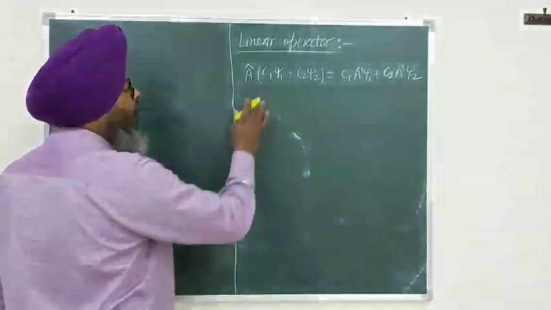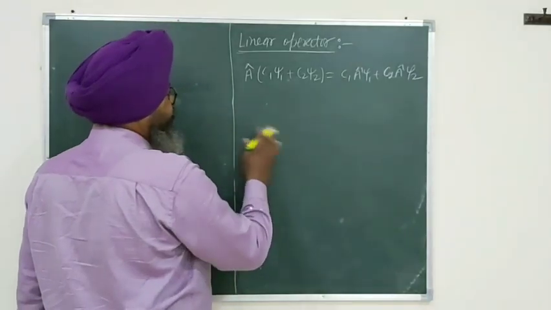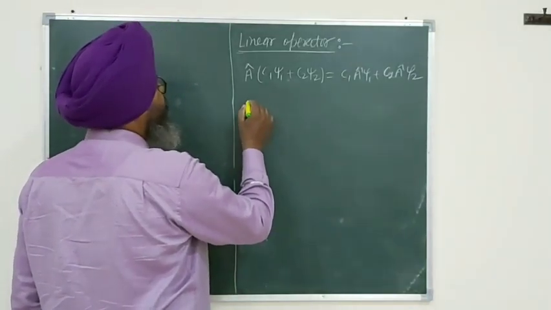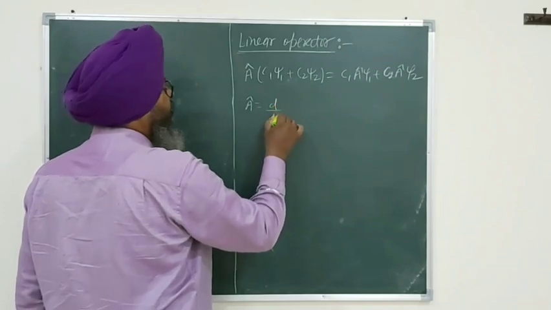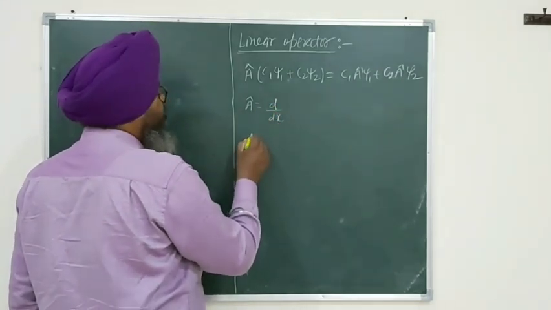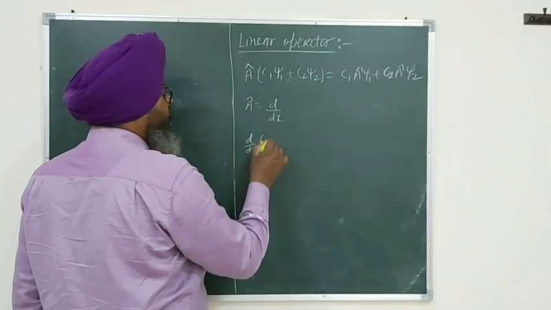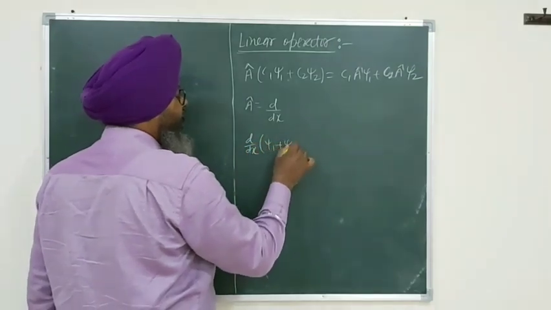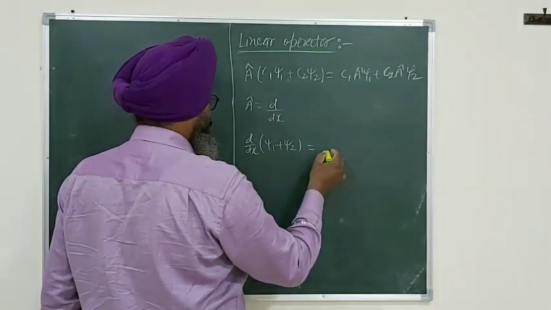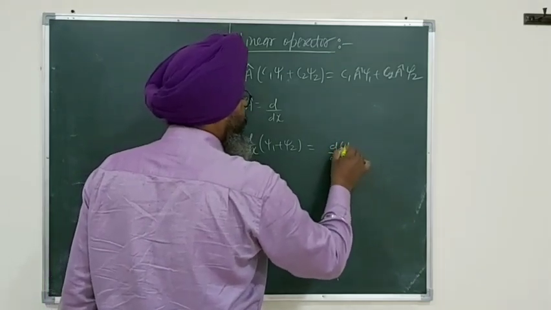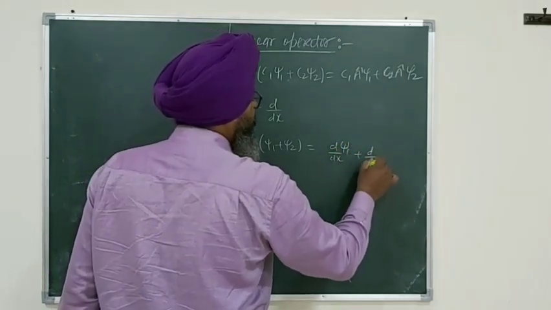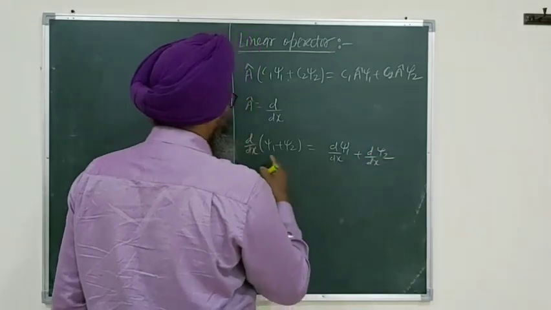For example, let us take this example. Let us say A cap is d upon dx. Now we know that d upon dx of psi 1 plus psi 2 is equal to d upon dx of psi 1 plus d upon dx of psi 2.